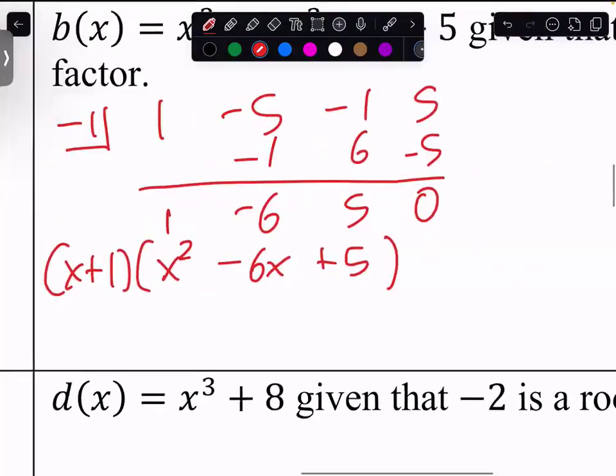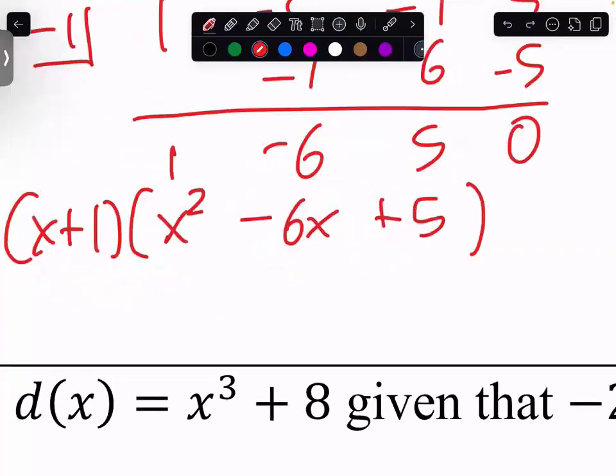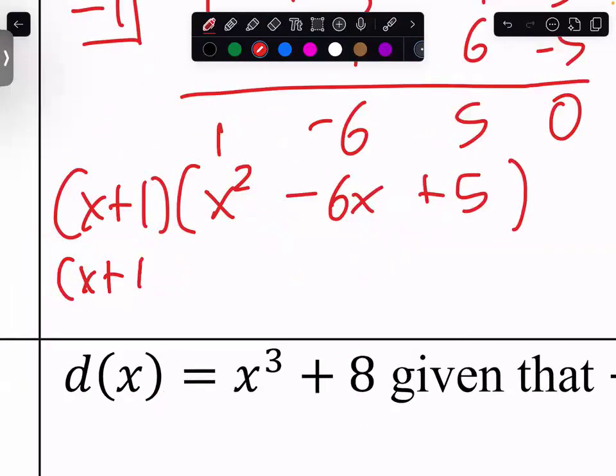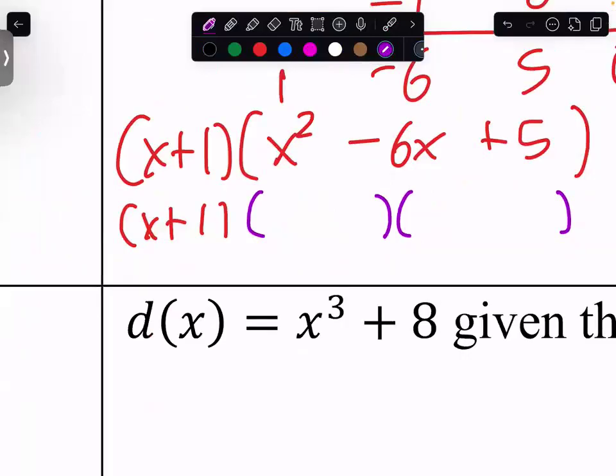Okay, so this answer is not considered fully factored yet. The x plus 1 is fully factored. You can't split that up any further. But the x squared minus 6x plus 5 can be further split up. All right, so this is a trinomial. So again, I highly encourage this method. We know this spot times this spot is x squared, so it's got to be x times x.